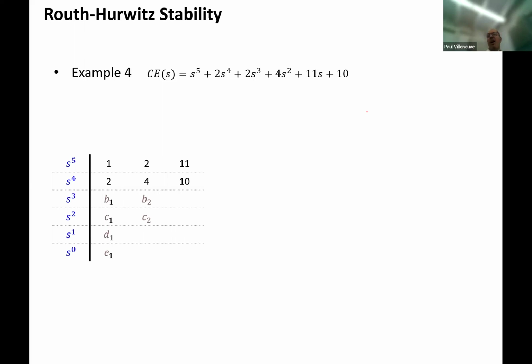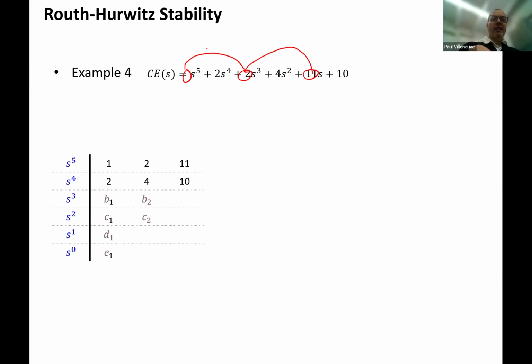Now we're going to start populating our first 2 rows with our coefficients from our characteristic equation. 1, skip a number, 2, skip a number, 11, and we're done. We don't have any more to go. Then we move to our S4 row, and sometimes I find it helpful to do this. So it kind of screams at you if you want to do that little thing. So that's my first row.